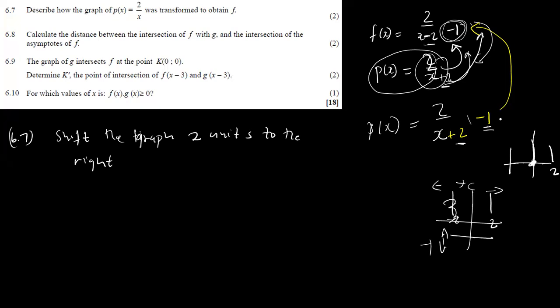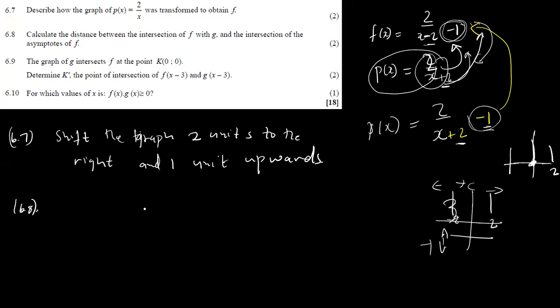Again, here we had 0, so we just inserted -1 over there, which is 1 unit upwards. So that's how we transformed the graph of P to obtain F. 2 marks.